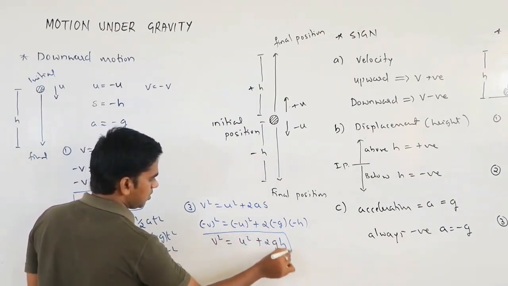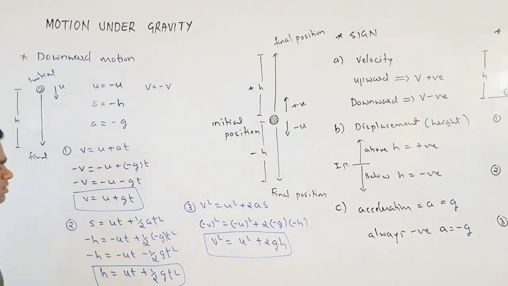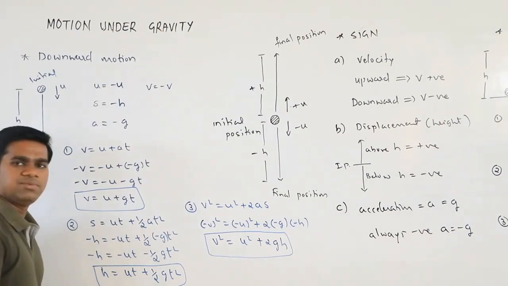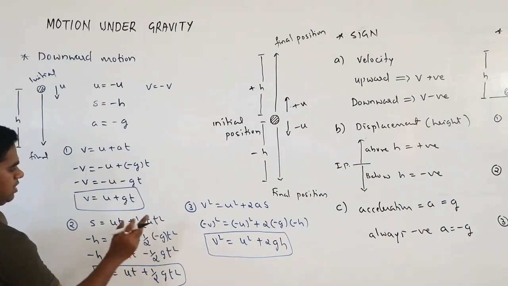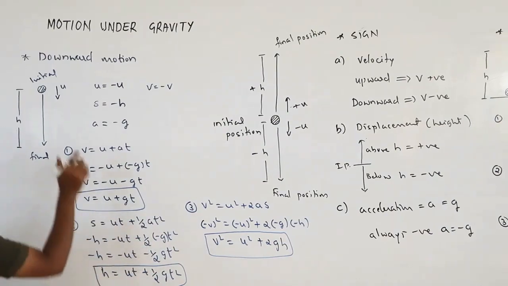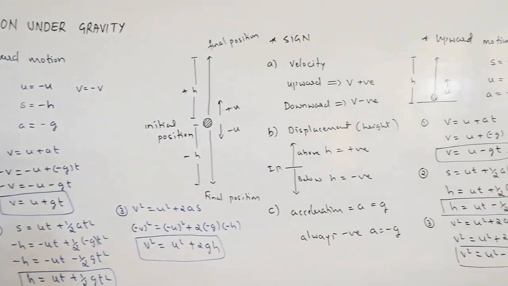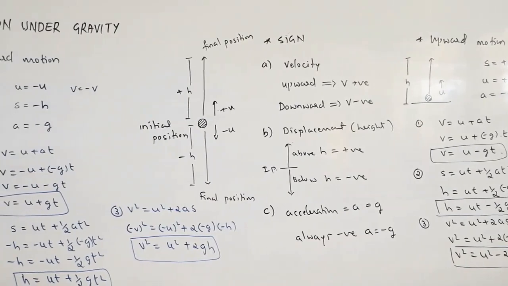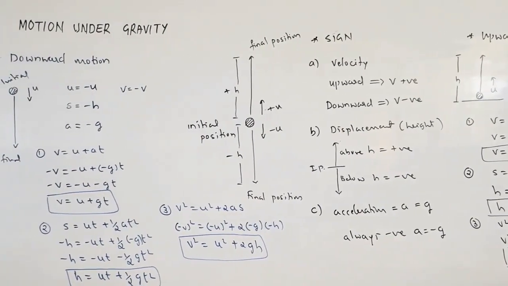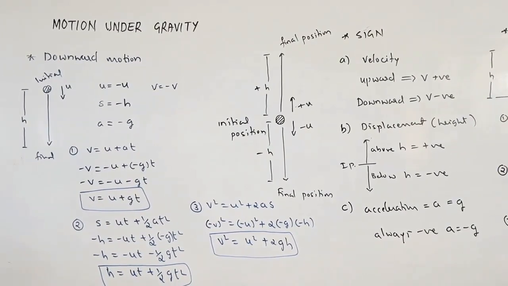This will be the third equation. There, the third equation was V square equals to U square minus 2GH. Here the third equation is V square equals to U square plus 2GH. So these are the equations of motion for downward motion, and those are the equations for upward motion. This is how we can convert our horizontal motion kinematic equations into the motion under gravity equations.